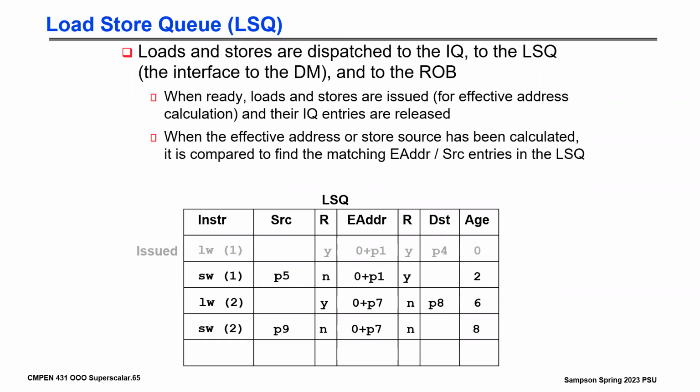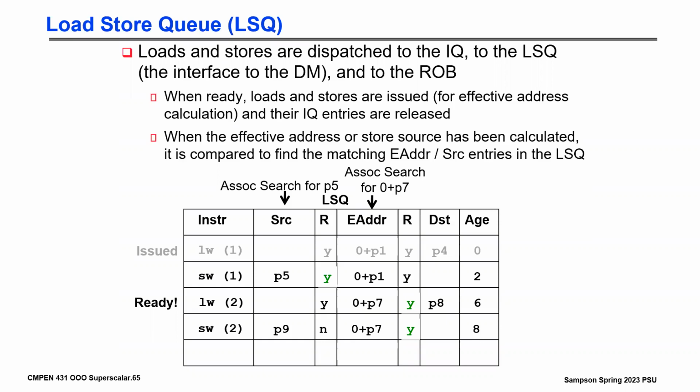The readiness is there, whether or not it was already computed or not, who knows, right? At some point, the value for P7 will be made valid. Good to go. We can perform that computation. Ready? At some point, the value for P5 will have been made valid. That's ready. Great.